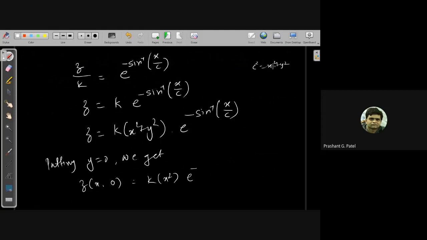So if I put y equal to 0, this is x square and square root will be x. So it is actually sine inverse of 1. Sine inverse of 1 will give me pi by 2. So that will give me k x square e power minus pi by 2.